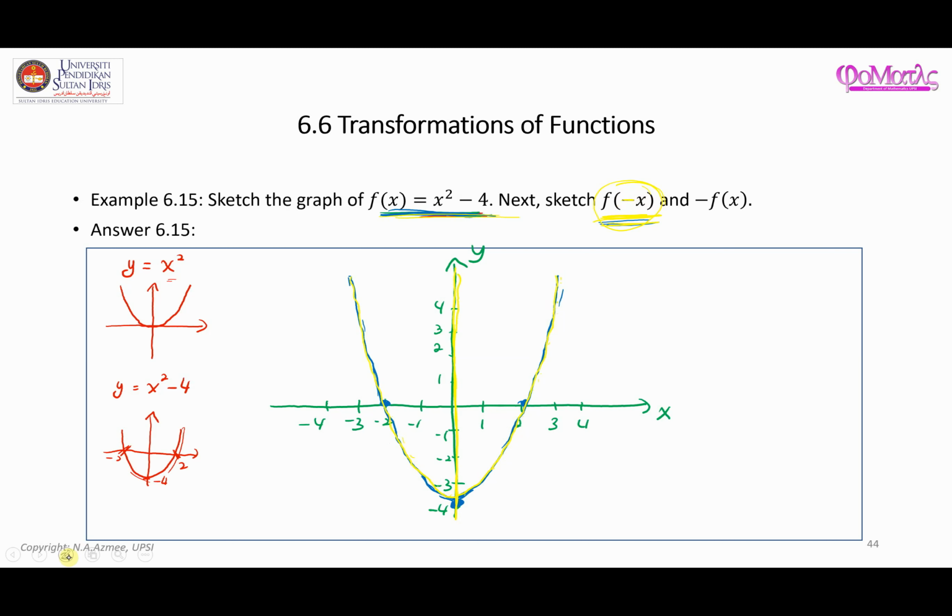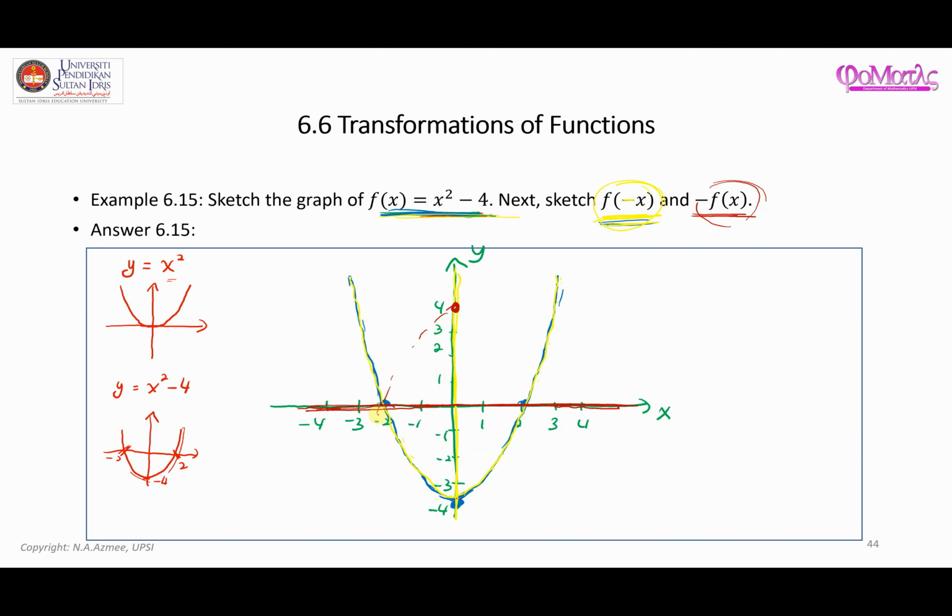Now how about the second question here? For this one, the negative is outside the function, so the mirror is on the x-axis. The graph will be reflected on this line, and we have a mirror image on the other side. For example, if this is at negative 4, then this point will be reflected on this point.